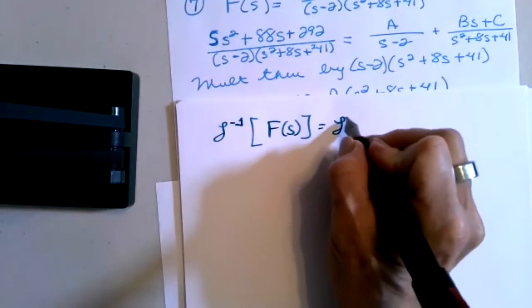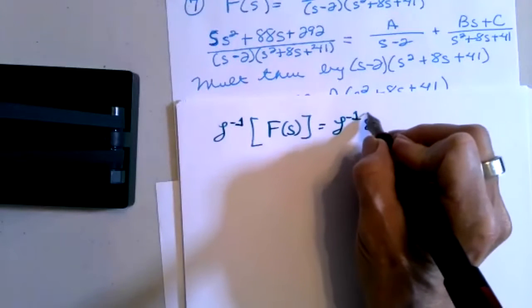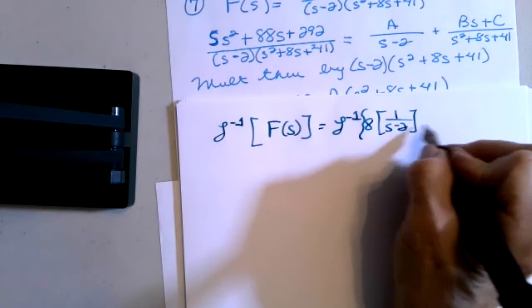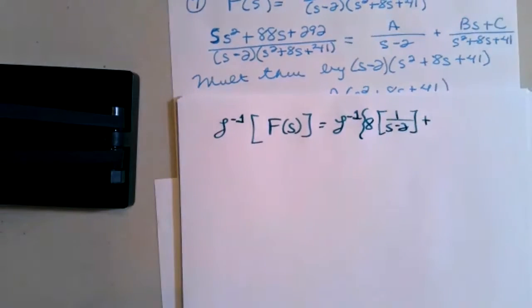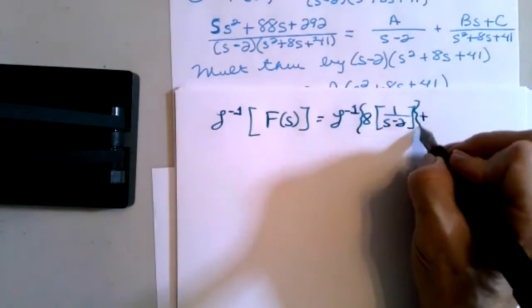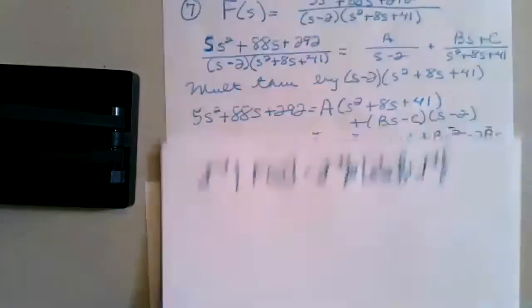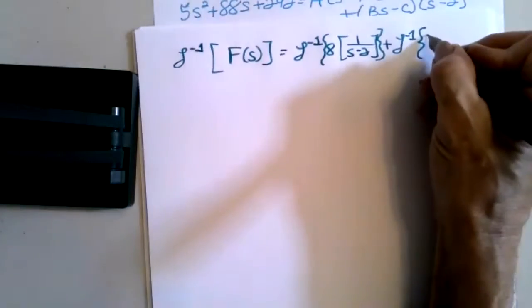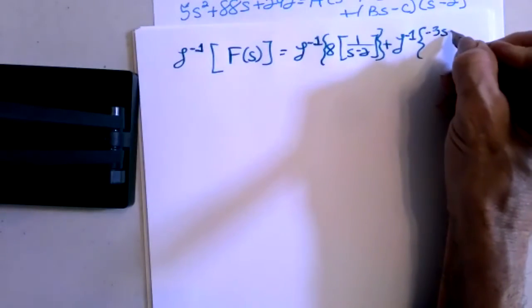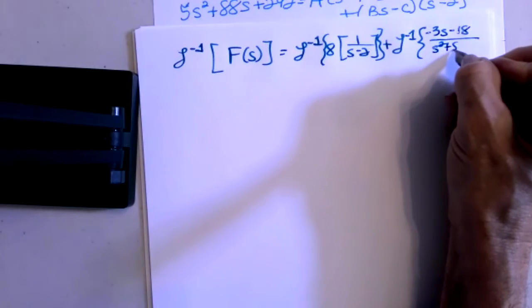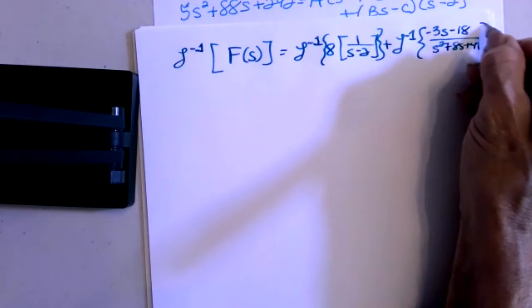So that is the inverse Laplace transform of 8 times 1 over s minus 2, plus, that one's going to be fairly easy to do, plus the inverse Laplace transform of, let's see, B was minus 3 and C was minus 18. So that is minus 3s minus 18 over s squared plus 8s plus 41.